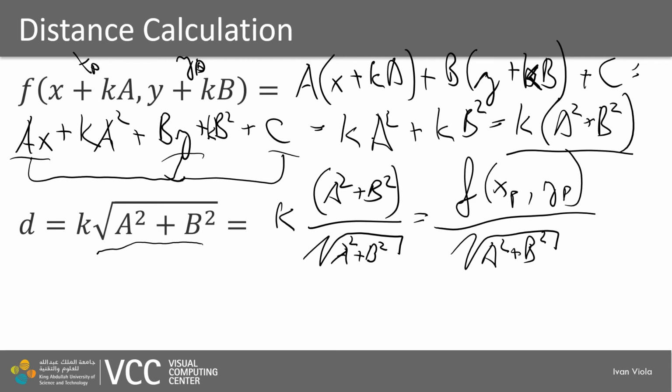This can be very handy, and if we normalize our values a, b, and c by this term, 1 divided by the square root of a squared plus b squared, then we will ensure that we have a functional value which will be equal to the distance.